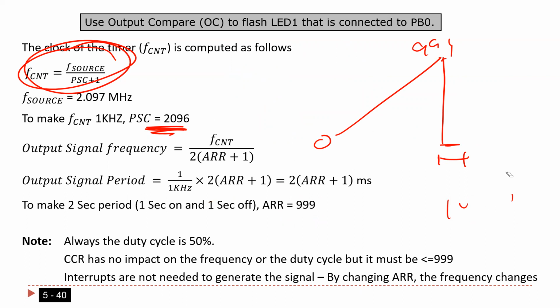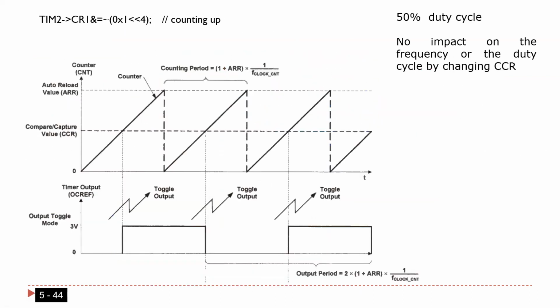So if you look, this is the mode I'm going to use: counting up, and toggle. ARR, I'm going to put 999. Is that okay? If you do that, you can see the time from here to here is going to be 1 plus ARR times 1 over the clock, which is 1 millisecond.